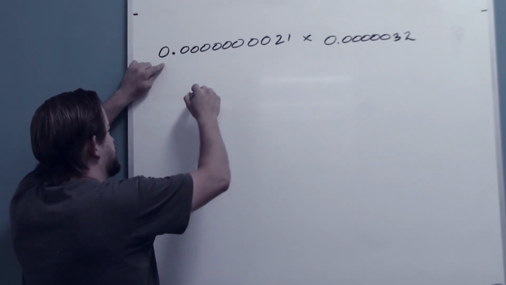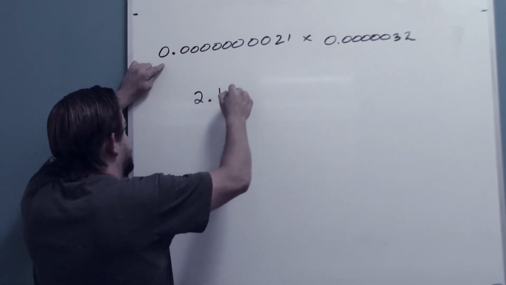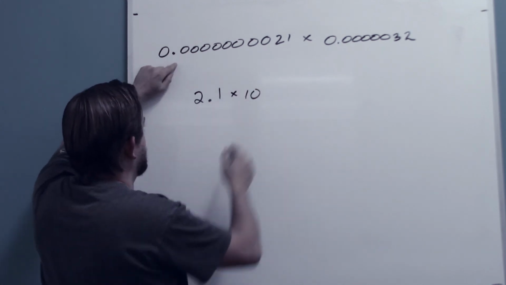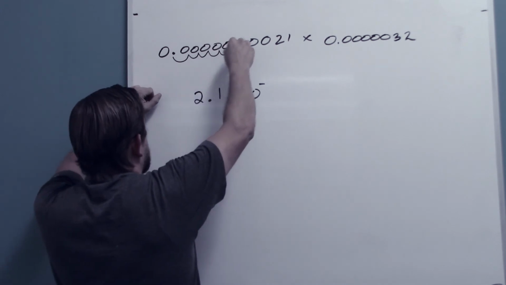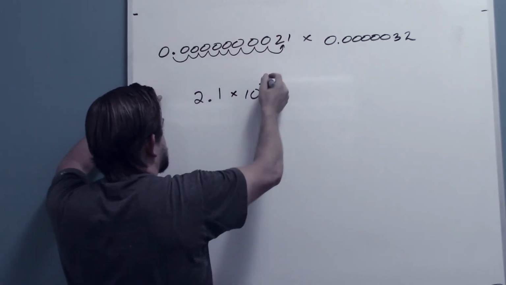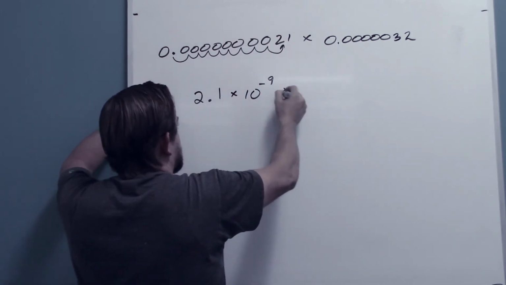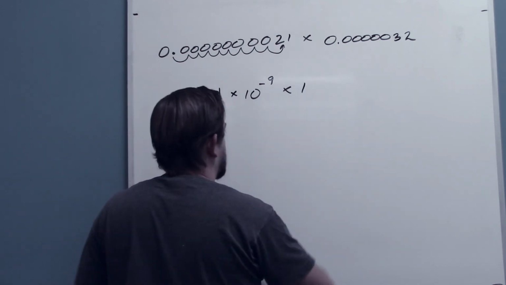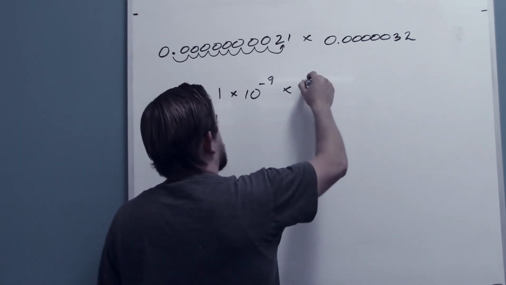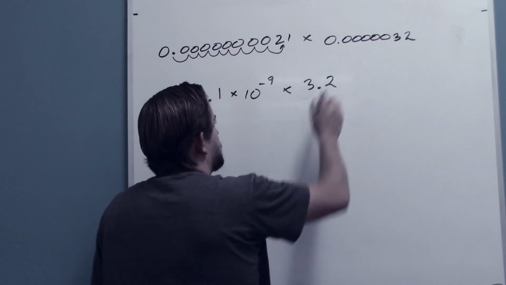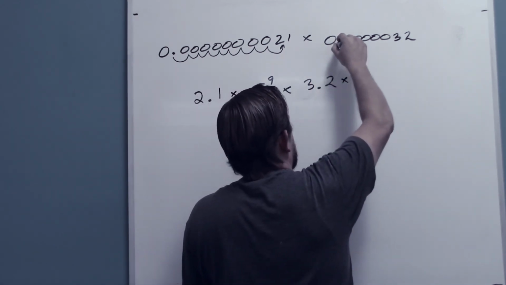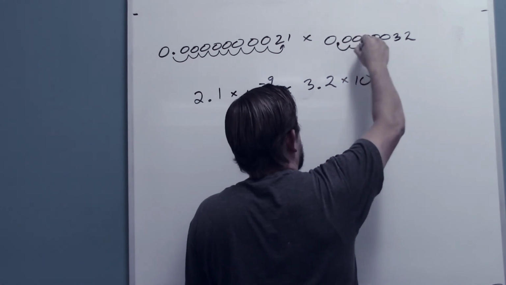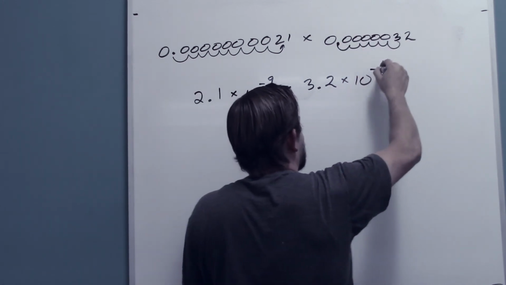So this first one is 2.1 times 10 to the negative 1, 2, 3, 4, 5, 6, 7, 8, 9 spaces, times 3.2 times 10 to the negative 1, 2, 3, 4, 5, 6.